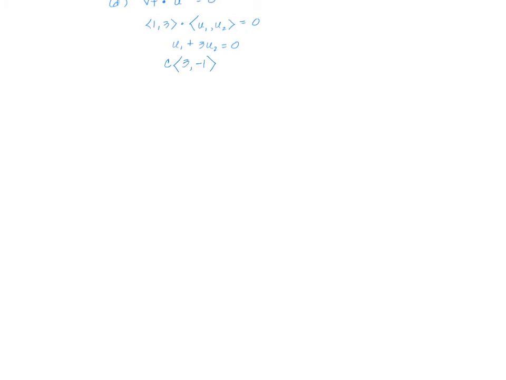So actually my vector u is going to look like this, where c is just any constant. And you could try it out. Just pick different c values, dot it with the gradient vector, you'll get 0. So that vector would be the direction where the function remains constant.